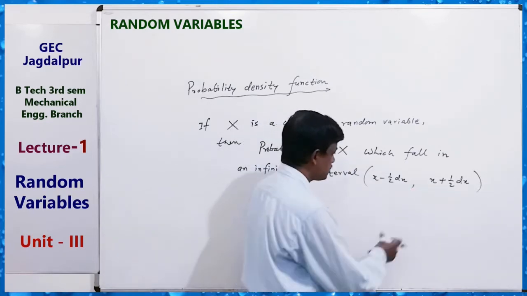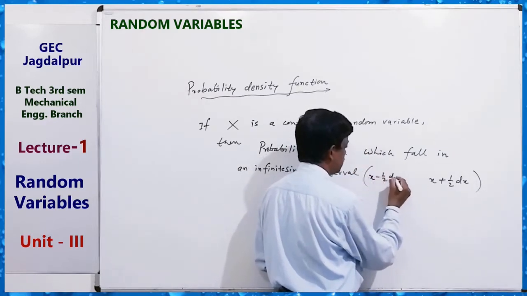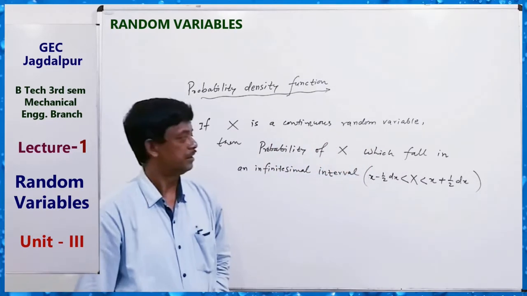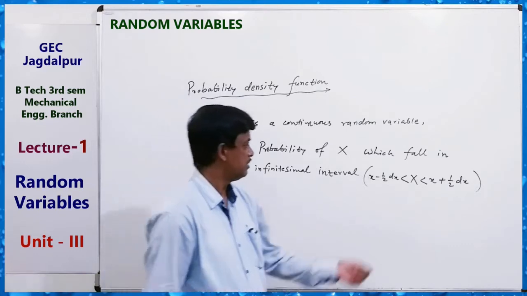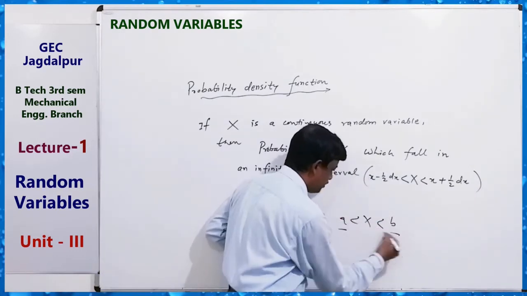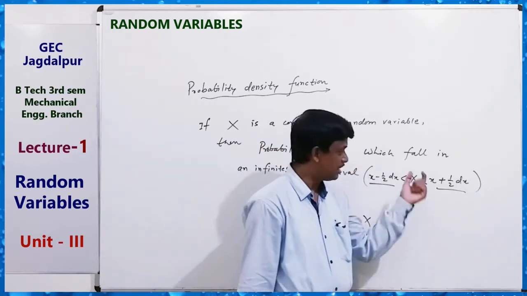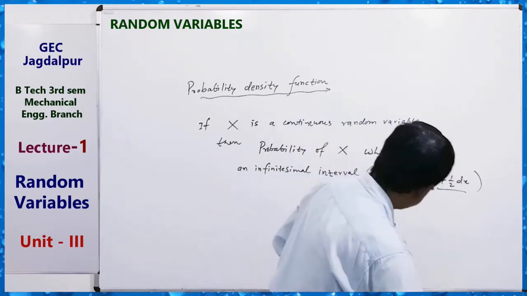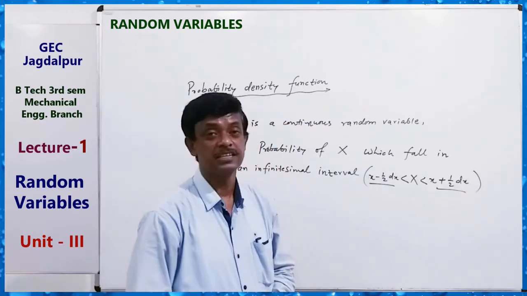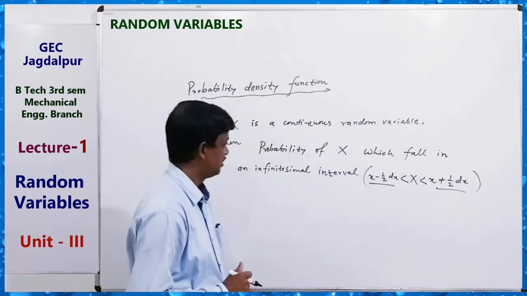We can also write it like this: x minus half dx is less than X is less than x plus half dx. X lies between a and b. Here the interval has small x as its midpoint.